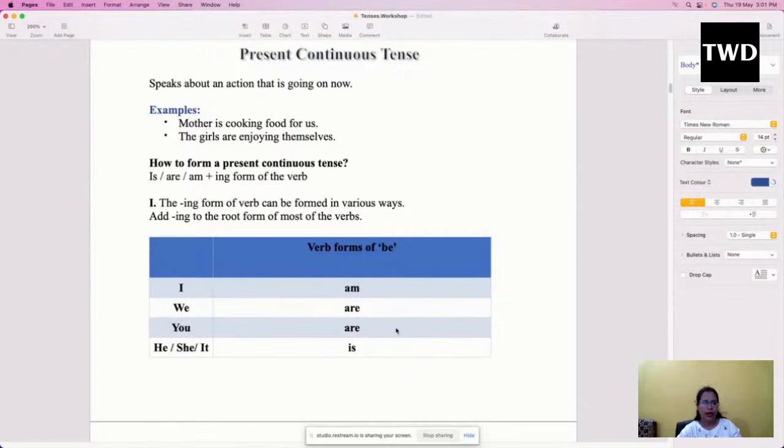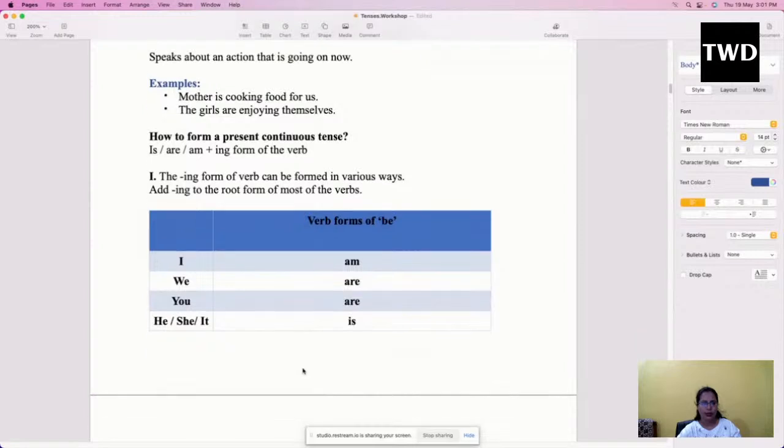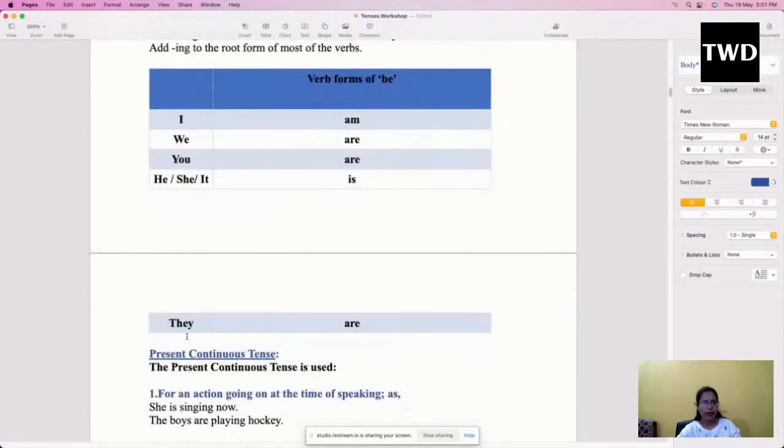So you have to remember, the main point here is that with you, you'll be using are, whether you are talking to a single friend of yours or more than one person. So with you, you always use are when framing sentences under present continuous tense. And with they also we use are.